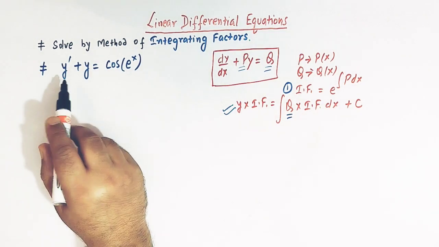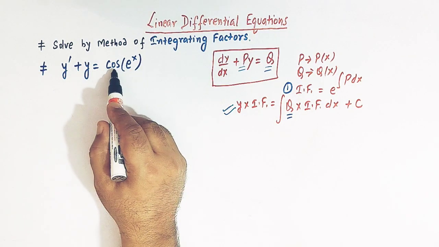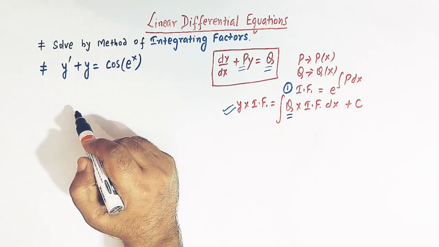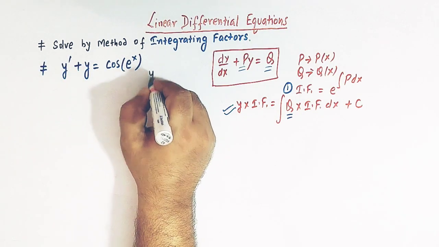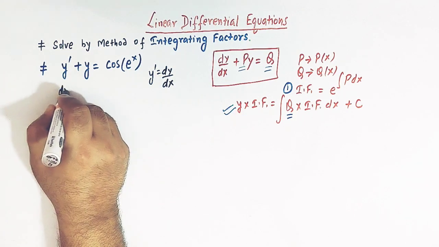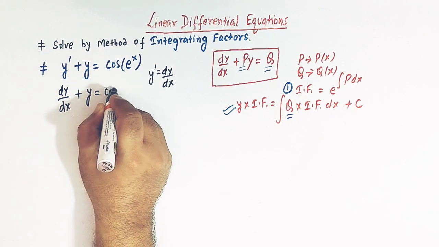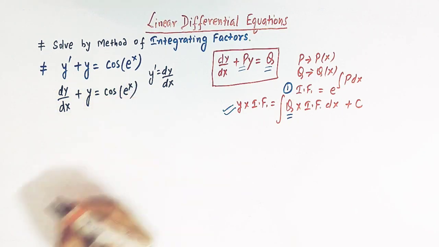Now let us take this problem, y prime plus y equals cos e^x. So y prime is equal to dy/dx, and we have dy/dx + y = cos e^x.